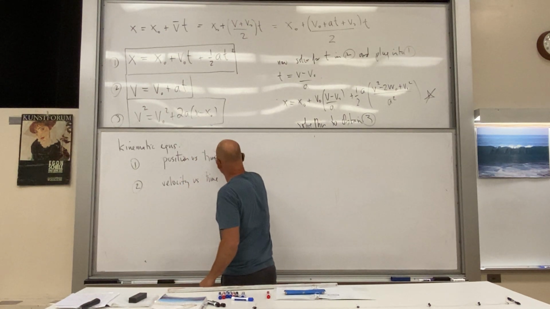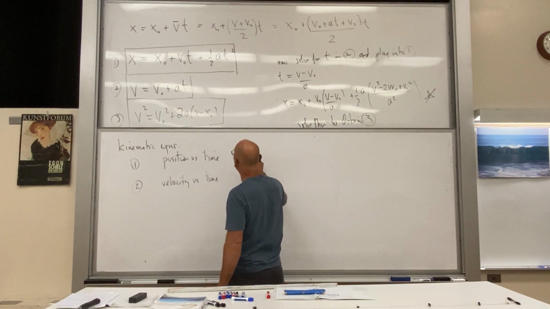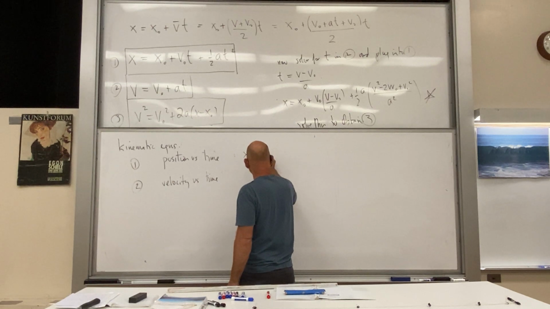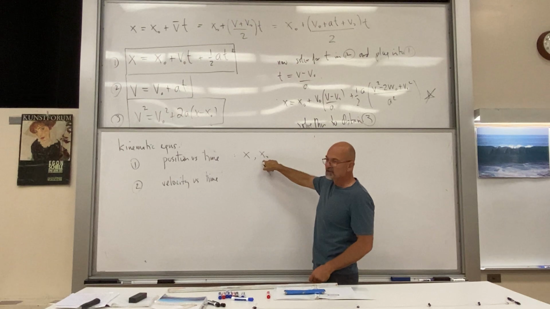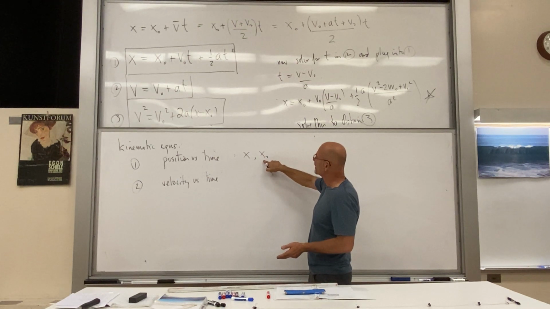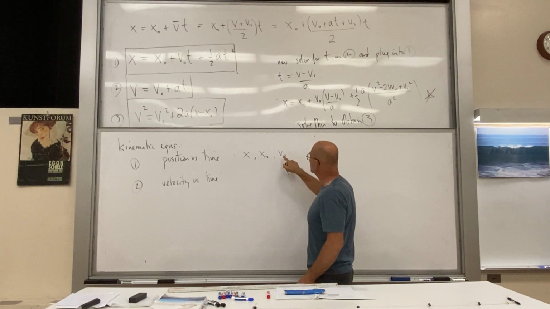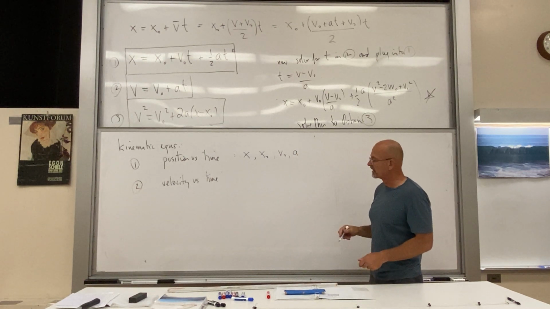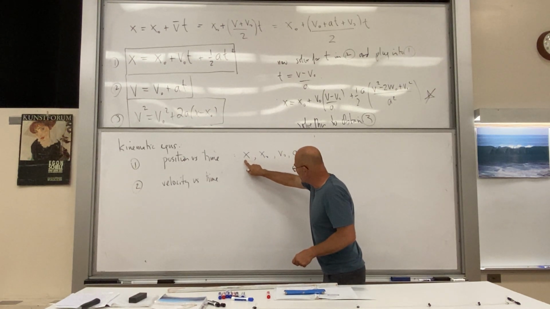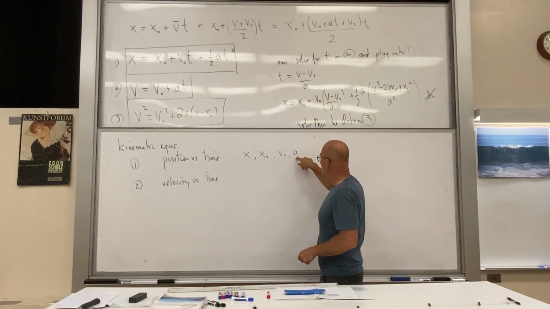So what do we have here? We have position x. We have x sub 0. So this is what's called the initial position. The position when time is equal to 0. We have v0 is the initial velocity, and a is the constant acceleration. Okay, so position, initial velocity, acceleration.